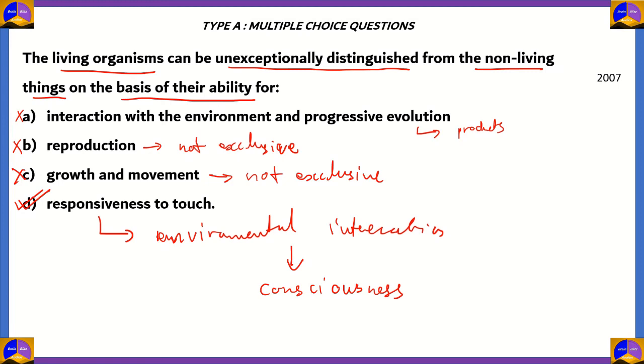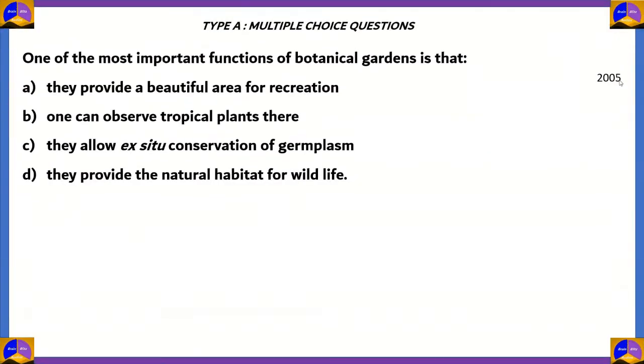So therefore consciousness, under which responsiveness to touch is present, means that option D is the correct option for this question. It's the most appropriate option for this question asked in 2007.